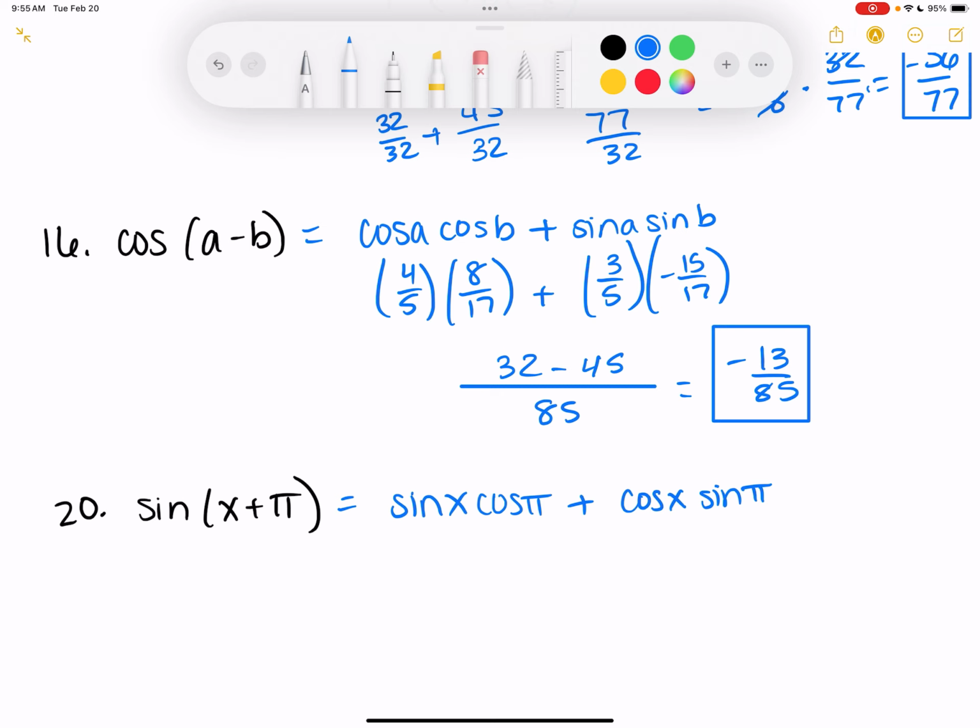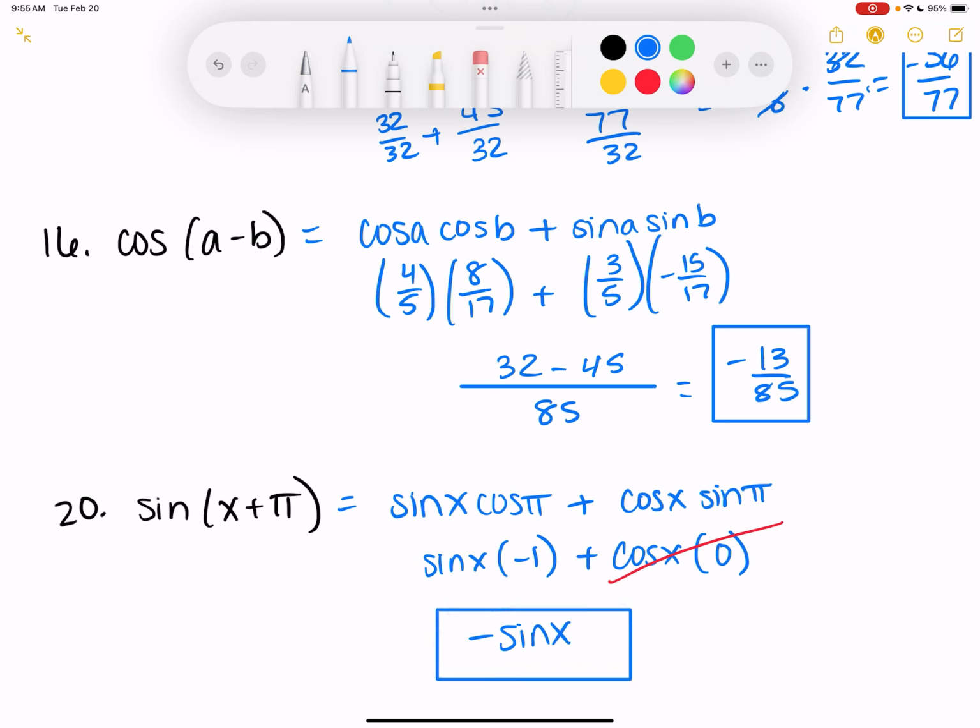Negative 1. So this is going to be sine of x times negative 1, which if you wanted to just write it as negative sine of x, you can. Plus, what's the sine of pi? 0. Yep. Sine of pi is 0. So this piece goes away, and this would be equal to negative sine of x. And that would be your answer simplified.